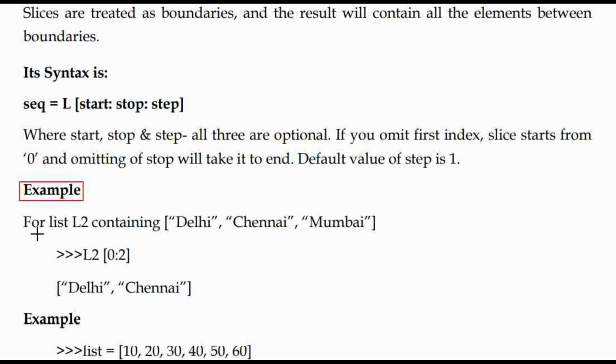Example: for list L2 containing Delhi, Chennai, Mumbai, L2[0:2] gives Delhi, Chennai.